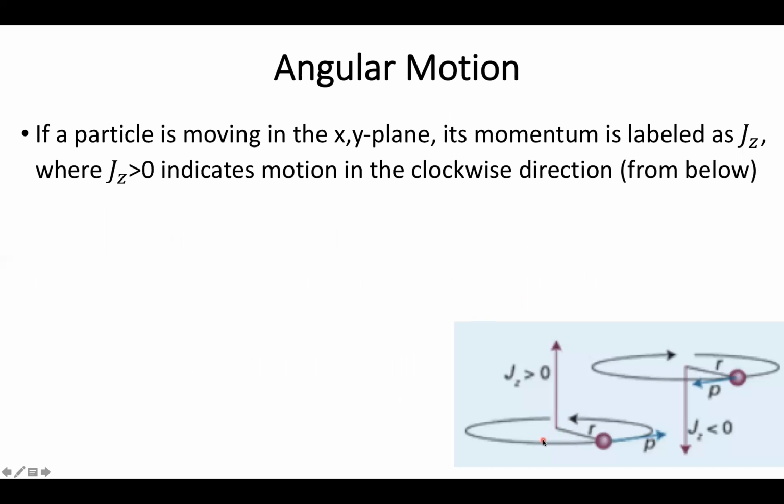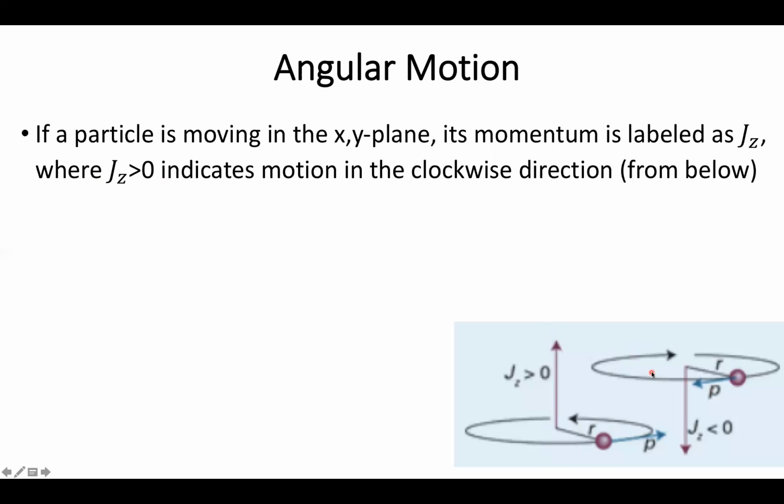If the particle is rotating clockwise, as given from below, this is going to give us a positive angular momentum. If it's moving counterclockwise, this is going to give us a negative angular momentum. So the classic description of this is usually given as the right-hand rule.